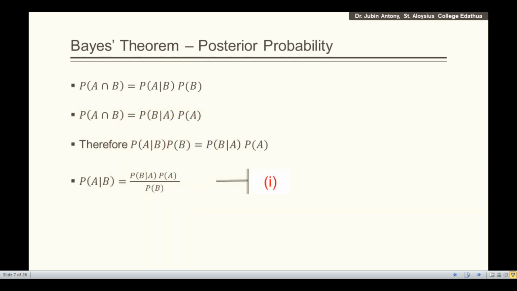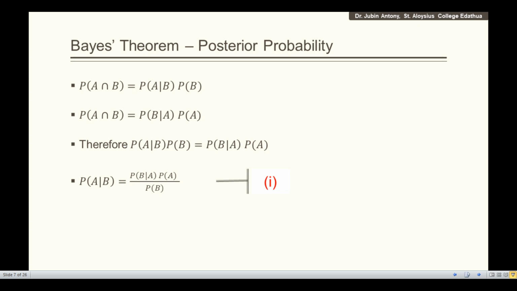We have seen that probability of A intersection B can be written as probability of A given B into probability of B, and probability of B given A into probability of A. Equating these two, we will get probability of A given B into probability of B equal to probability of B given A into probability of A. Therefore, we can write probability of A given B as probability of B given A into probability of A divided by probability of B. Now we have almost completed the Bayes theorem.